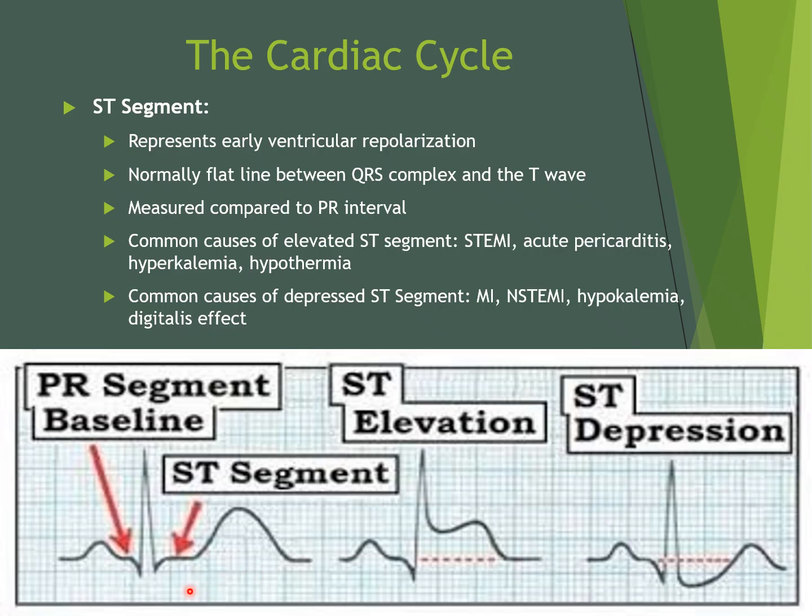It is measured in comparison to the PR interval, and those analyzing the rhythms will compare if the ST segment is elevated from this isoelectric line or if it is depressed. Common causes of elevated ST segment are STEMI, acute pericarditis, hyperkalemia, or hypothermia, and common causes of depressed ST segments are MIs, non-STEMIs, hypokalemia, or digoxin toxicity.